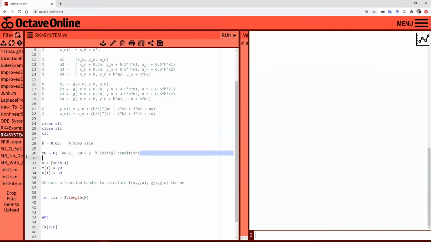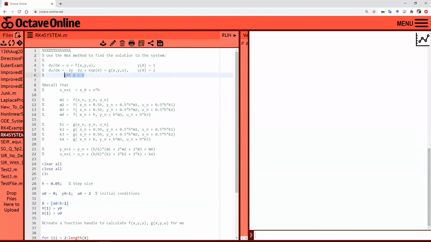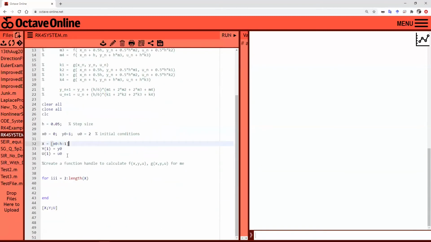I've written down my initial conditions. I've created a vector x which starts from the initial condition, x equals 0, and moves in step size h up until the final value of x, which we said was x equals 1. And I've created this solution vector y and u with the initial conditions in the first entry here.